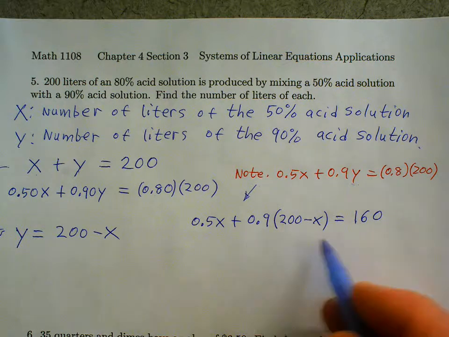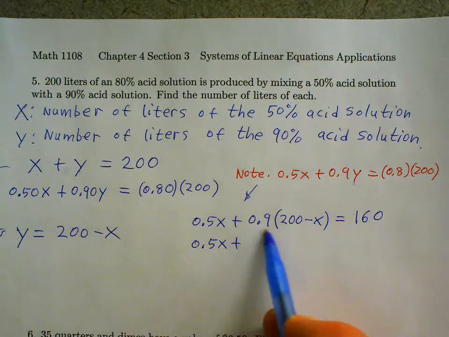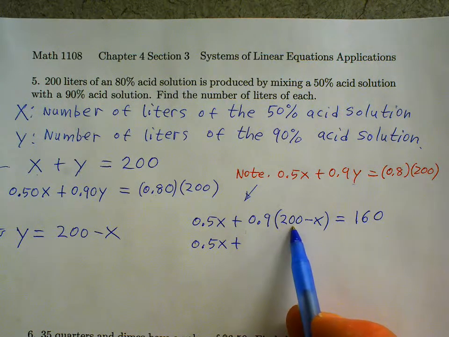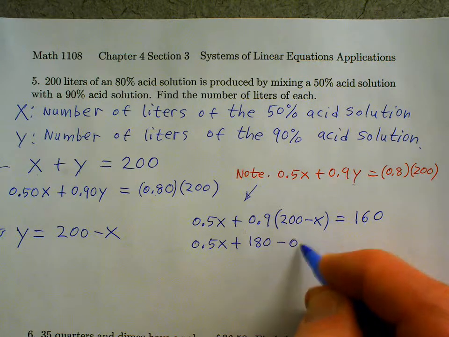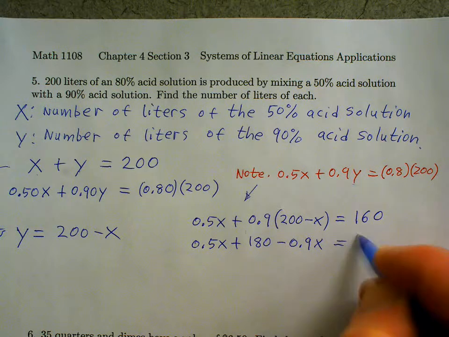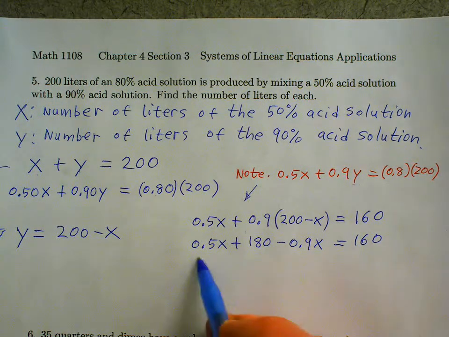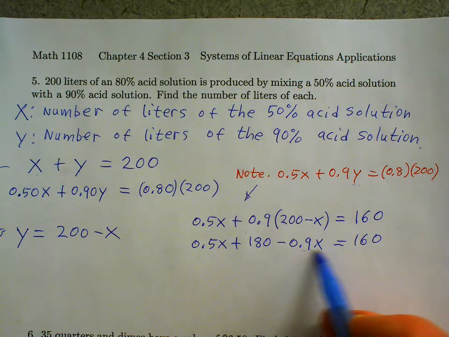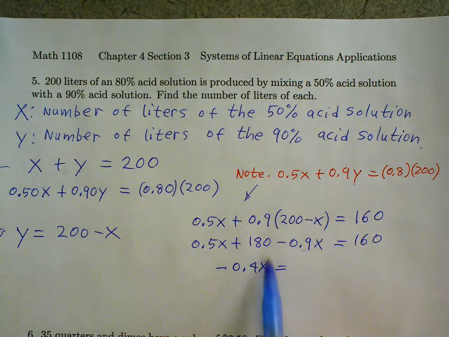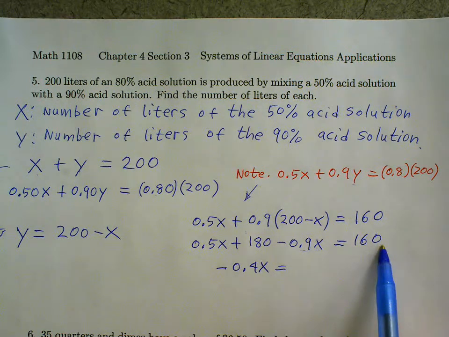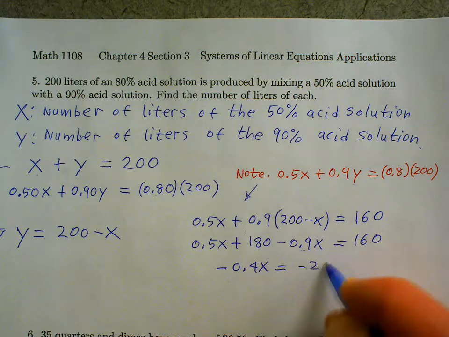And then it's a little bit of arithmetic. So 0.5x, 0.9 times 200 is 180, and then minus 0.9x equals 160. Combining like terms, 0.5x minus 0.9x is negative 0.4x. And we'll go ahead and subtract 180 from both sides. 160 minus 180 is negative 20.